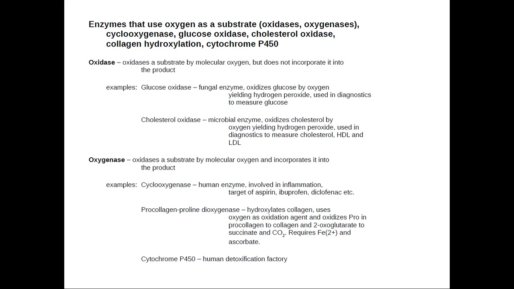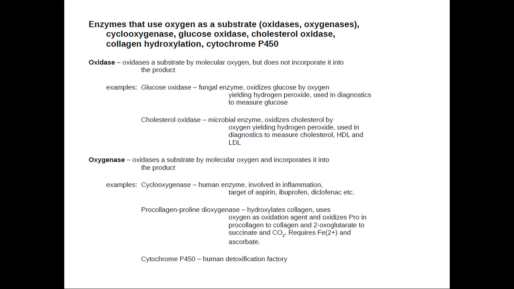So if you go to a doctor and they take a sample of your blood, and they order some analysis of different biochemical parameters of the blood. One of them could be glucose concentration, and one of them could be cholesterol concentration.